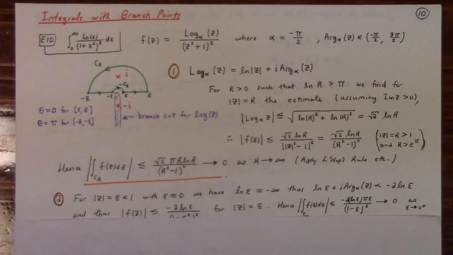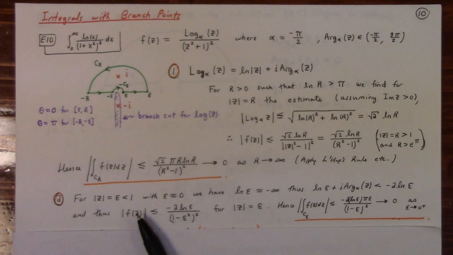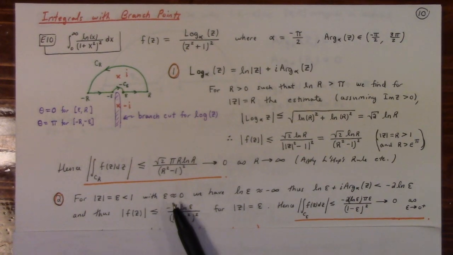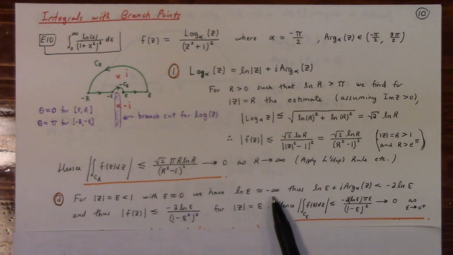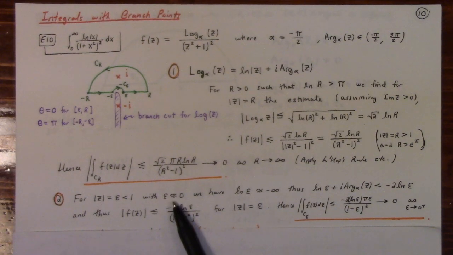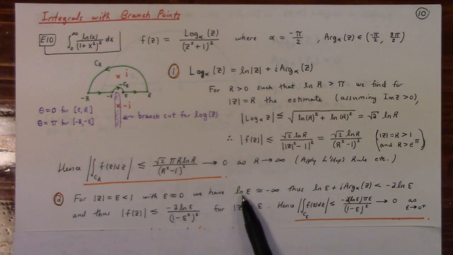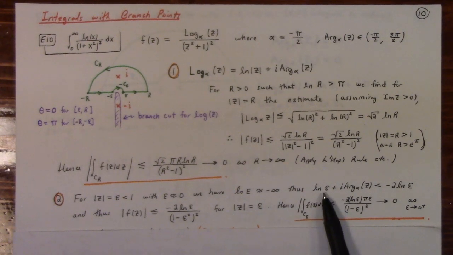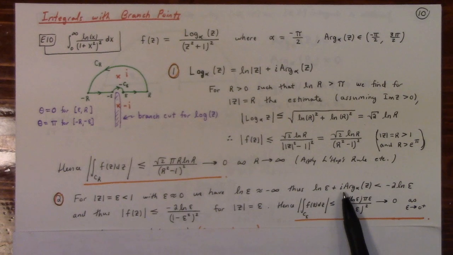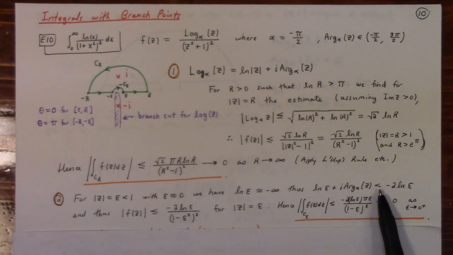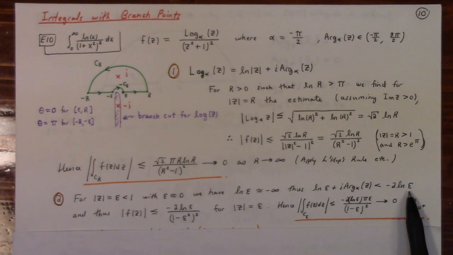On the other hand, you can also argue that for the inner circle, we have the log of epsilon going to minus infinity. See, if epsilon is very, very small, then the log is very, very large and negative, which means that the natural log of epsilon plus i arg alpha is going to be less than minus 2 log epsilon.